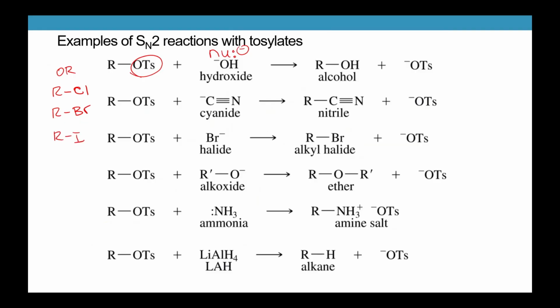Okay, although iodides are not used as much. So this is really a list of good nucleophiles for SN2 reactions to make alcohols, nitriles, halides, ethers. And so if our goal was to make an alkyl halide, right, we could just add the halide to the tosylate, okay, and then get that halide.